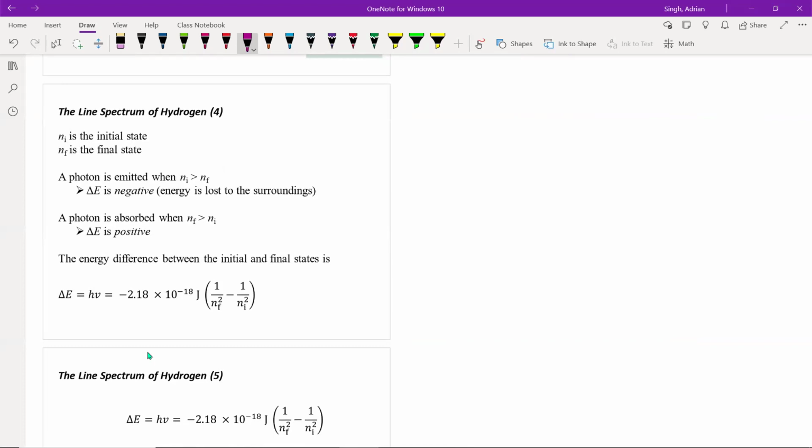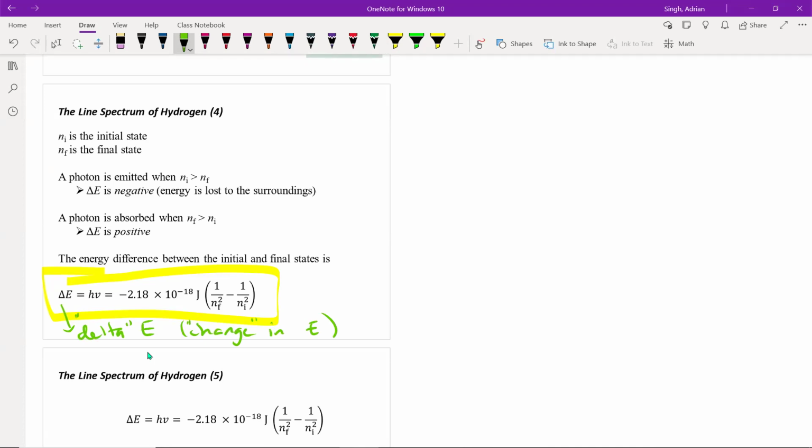And the equation's down here. We'll take a look at the equation first, and then we'll explain its different terms. So this triangle E, we read this as delta E. So delta E, and delta of anything means change. In this case, E is energy. So delta means change between two different states.